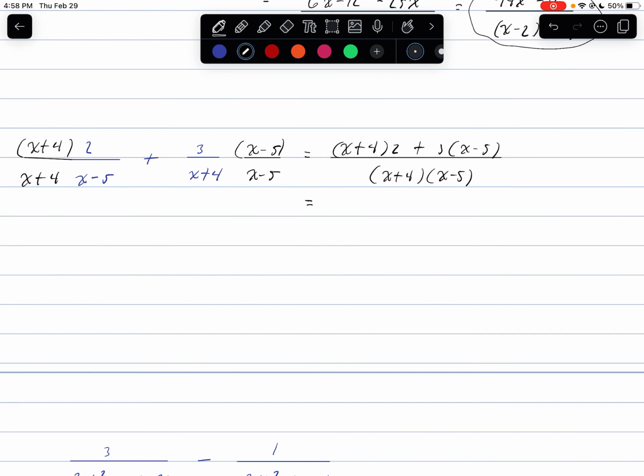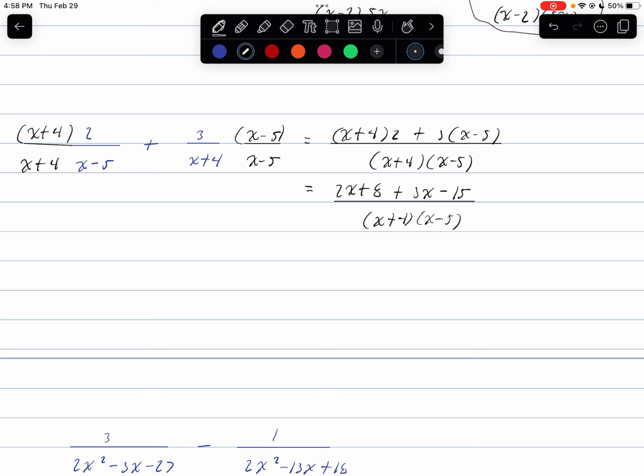We can simplify the numerator a little bit, and we'll get 2x plus 8 plus 3x minus 15. Okay, and this is all over x plus 4 times x minus 5.